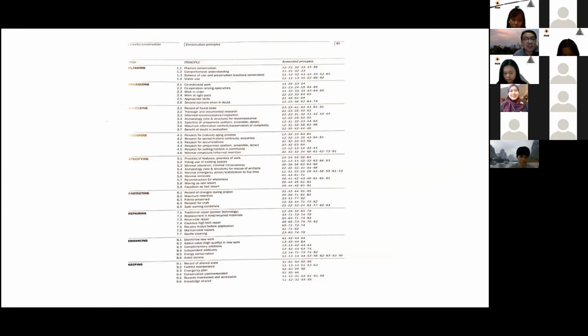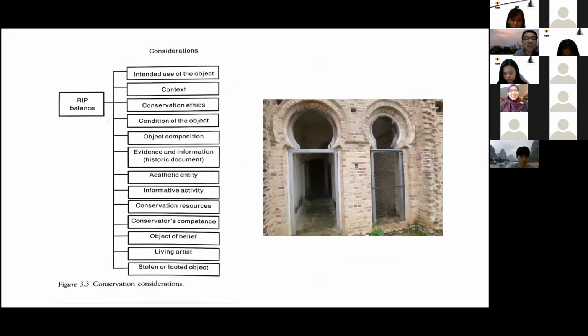So there are considerations, RIP balance: intent, use of object, context, conservation ethics, condition of object, object composition, the whole thing. These are the things that I follow, and I use that as a guide sometimes, to make sure that I don't miss out anything in my interpretation of a building.